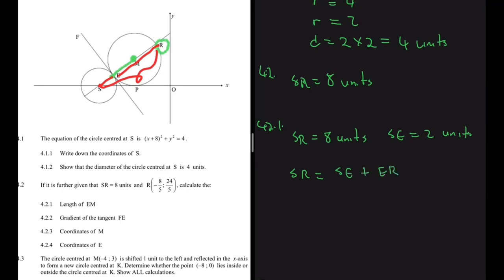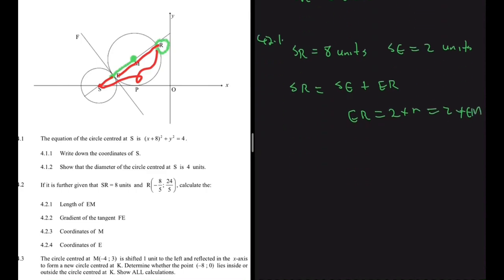But ER is the diameter, so it should be equal to 2 multiplied by EM, what we are asked to find. So in place of SR, we can put 8 units. In place of SE, that's 2 units. And in place of ER, that's 2 multiplied by EM.